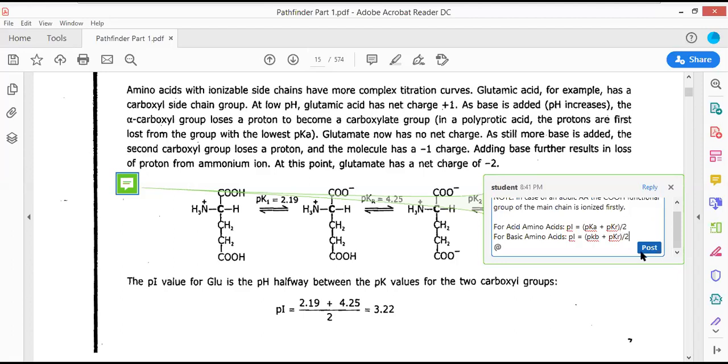What is pKb? pKa is the pH at which the carboxylic group has ionized. Okay, pKb is the pH at which the amino group has ionized.